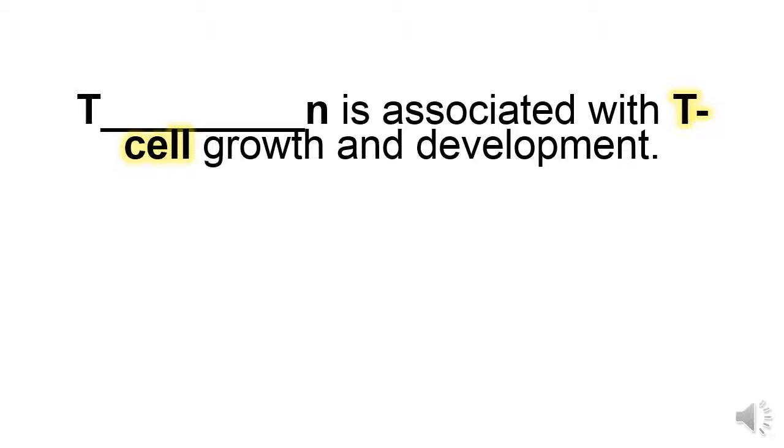T-N is associated with T cell growth and development. So what chemical is associated with T cell growth and development? And T cells are lymphocytes of the immune system, more commonly known as white blood cells. In biology cards, I'll discuss what this is more in depth, but I don't want to get too preachy and long-winded.